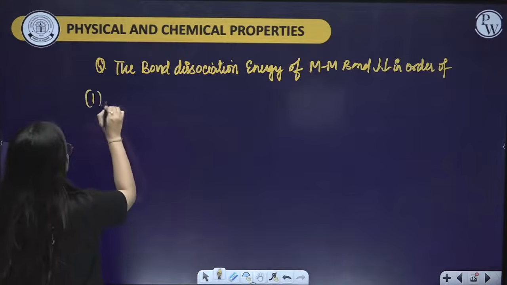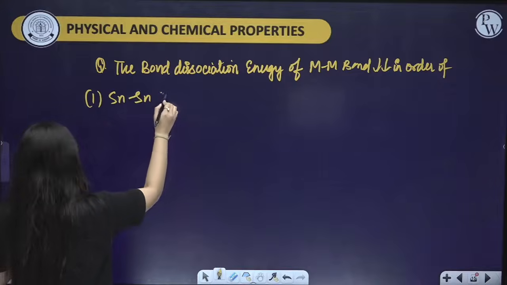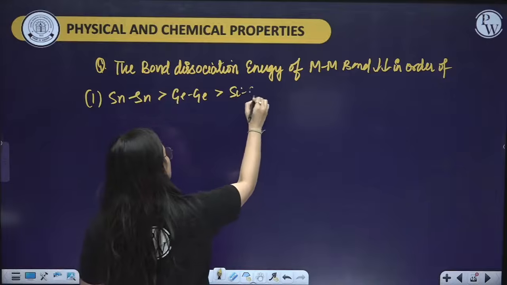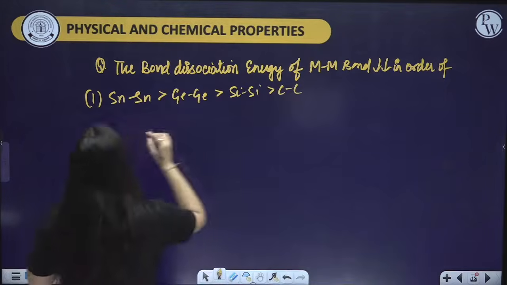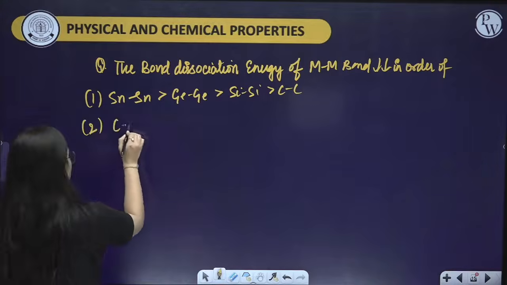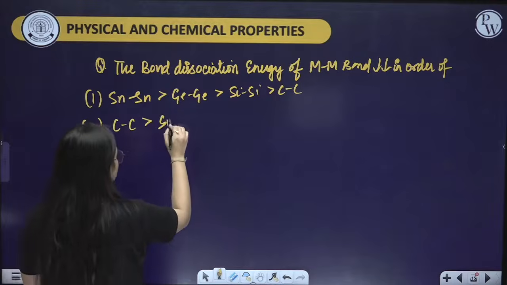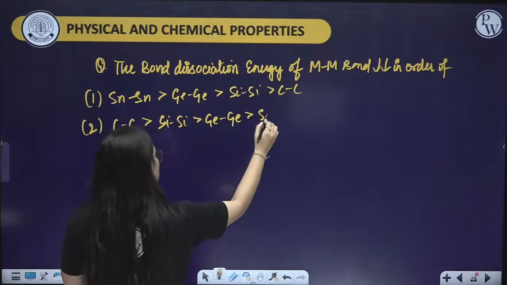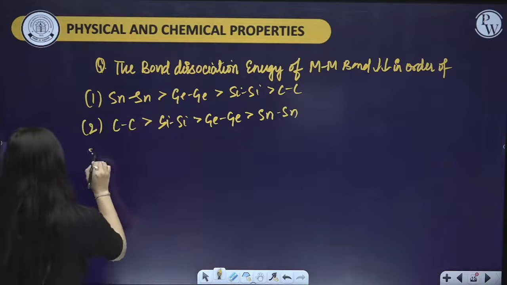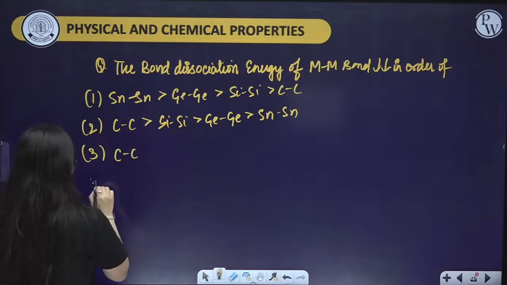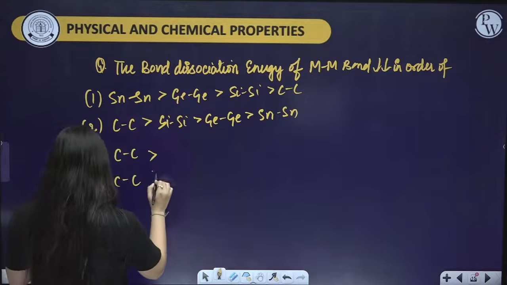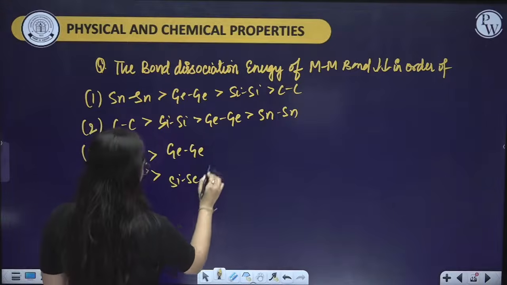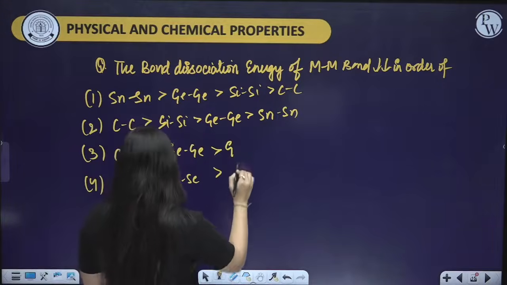First option is Sn, then Ge, then Si, and at last is carbon. Second is carbon, then Si, then Ge, then Sn. Third is carbon, and fourth also I am writing along with carbon. Here is Ge, here is Si.